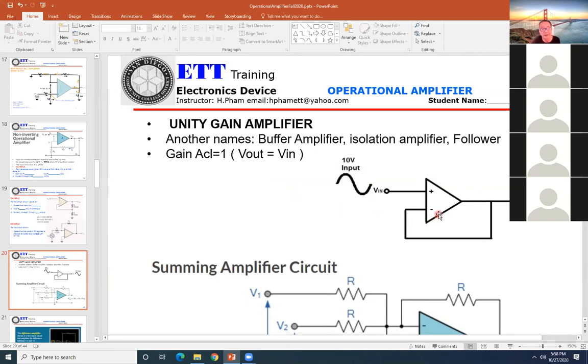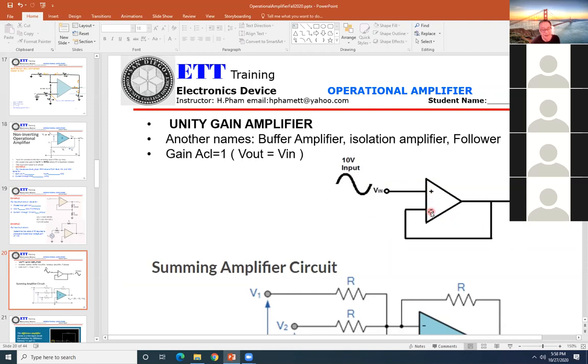Why do we need this amplifier? To isolate one portion of the circuit from another portion of the circuit. They isolate between input and the output. The reason is they get a big resistance inside here.